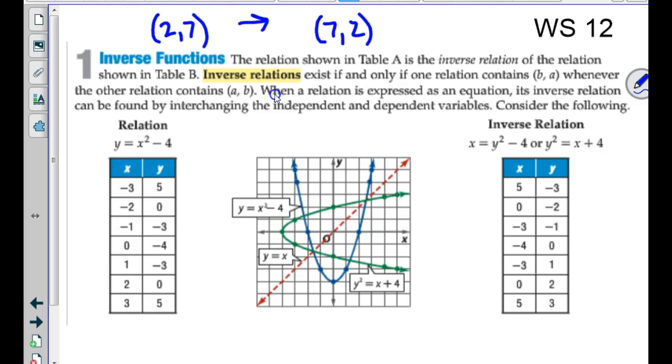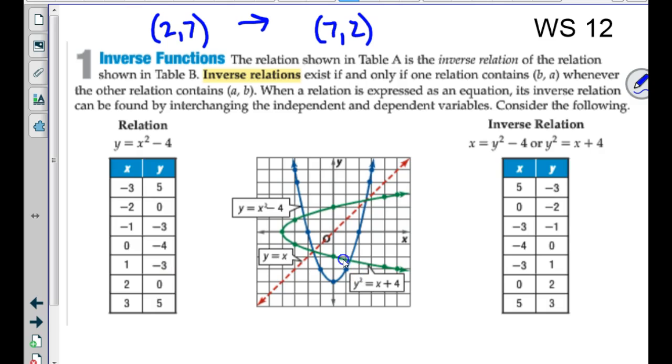If the domain for a function was these x values, and the range was this, the inverse would do what? Flip those. Domain would become range, range would become domain, because domain is x, range is y, they would flip.